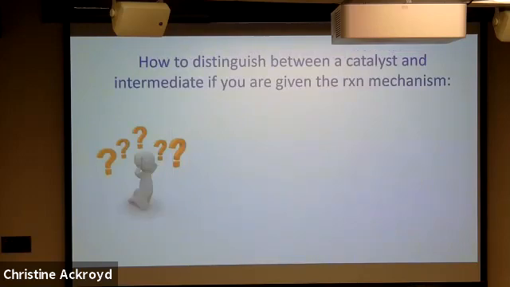Okay, if you're given a reaction mechanism, so we have our net reaction, and our net reaction includes starting materials and products, right? It doesn't include intermediates, and it doesn't include catalysts. How do you tell the difference between those? How do you recognize an intermediate from the sequence of elementary steps?